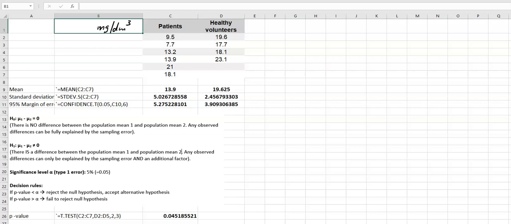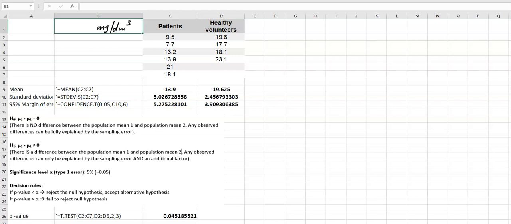So what we can do, of course, is calculate the mean and the confidence interval for this biomarker concentration in patients and healthy volunteers. So we can do these calculations, and if you are interested in how we do these calculations, I will leave the link to a video in the description here.